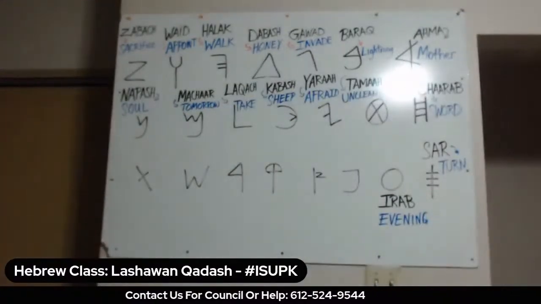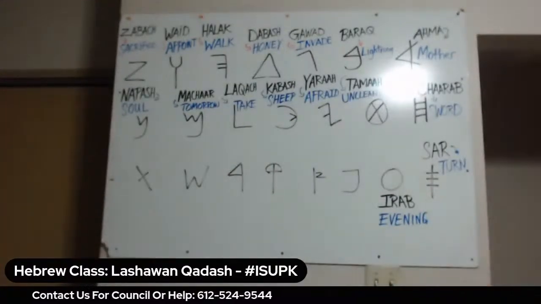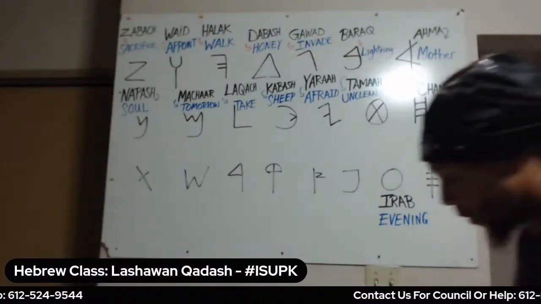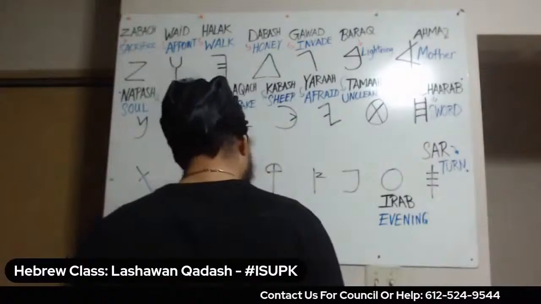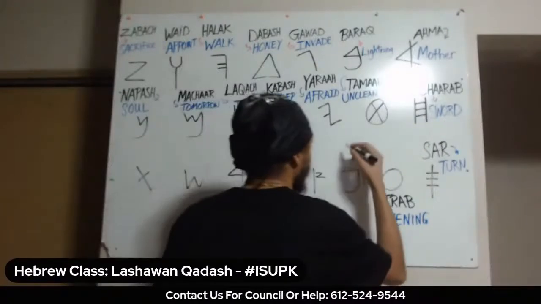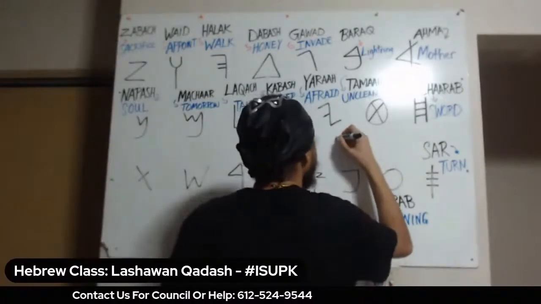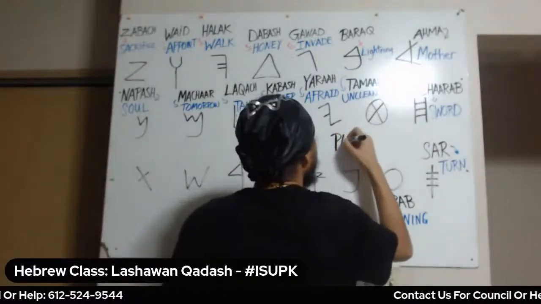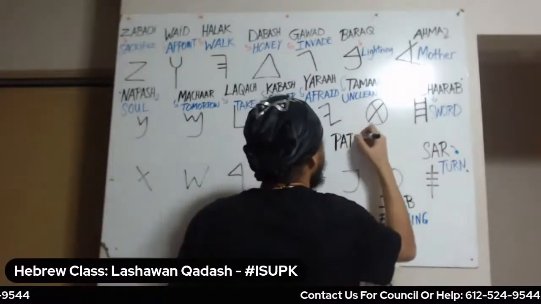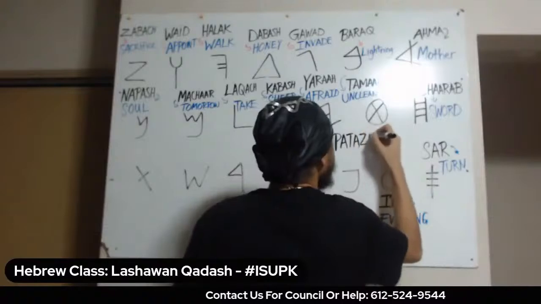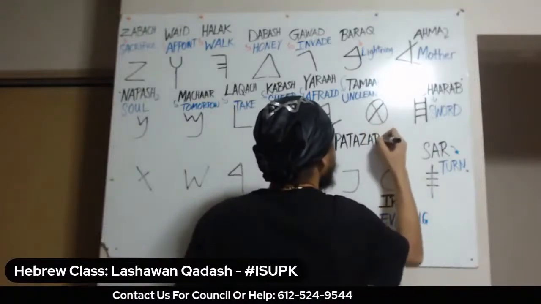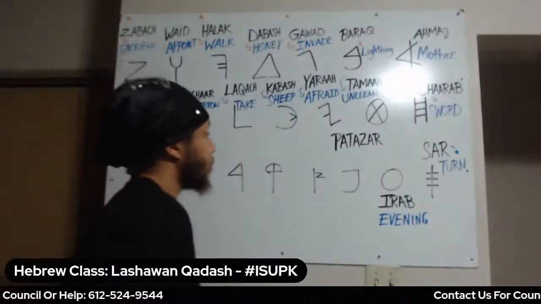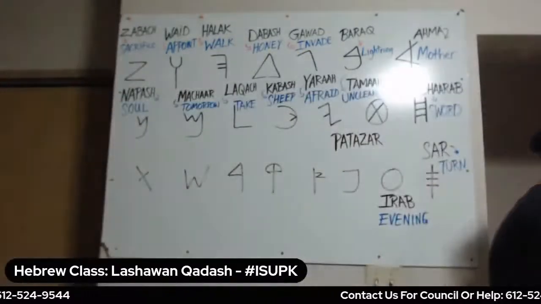All right, moving on. We got Ka. The Hebrew word is Hatazar. Okay? Hatazar.